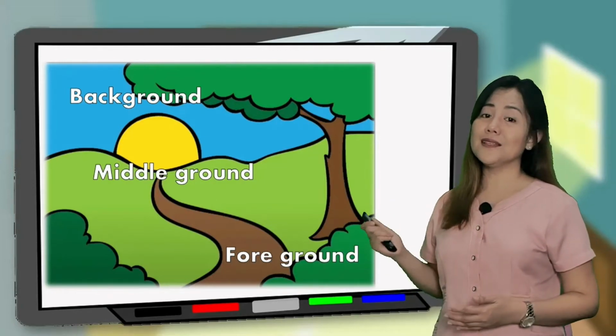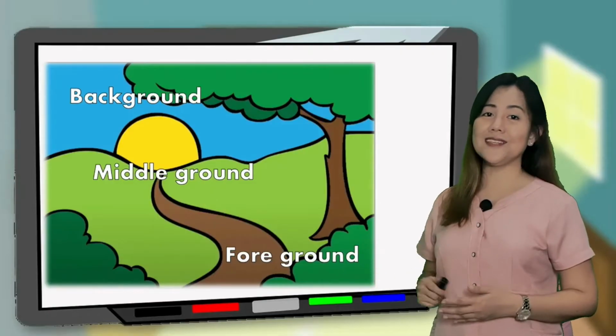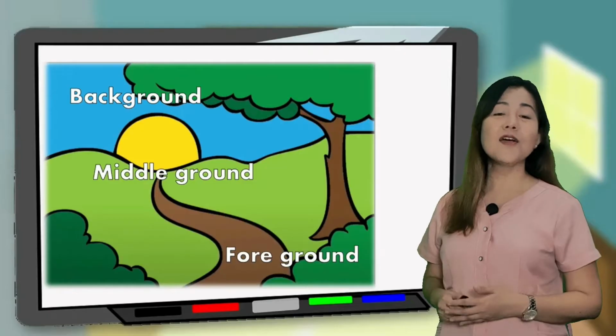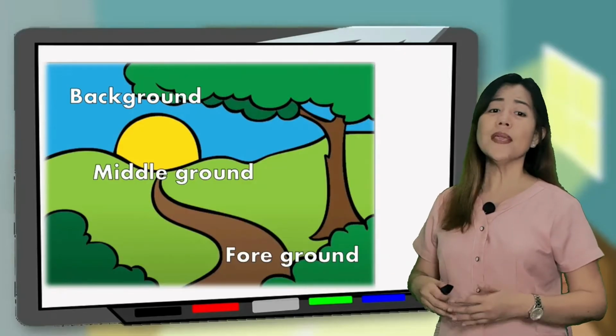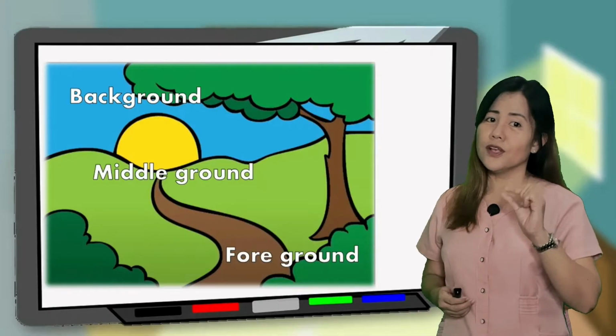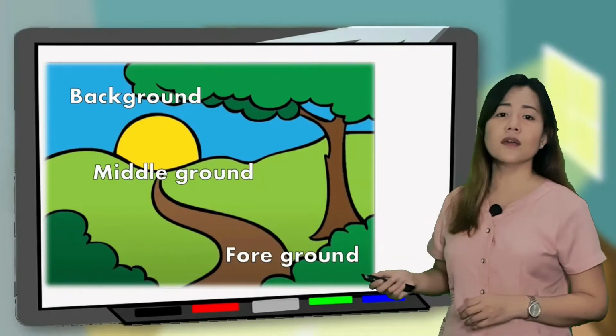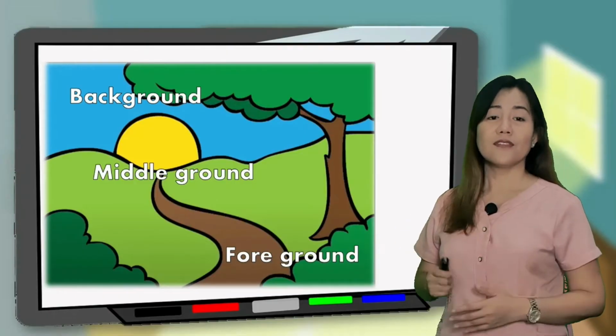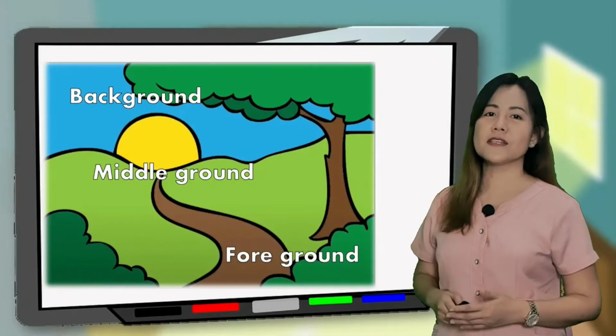The background is in the back. The middle is in the middle. And the foreground, it is in the front. Correct. To make something far away, you can draw it smaller. To make something look closer, you can draw it bigger. This is what we call perspective.